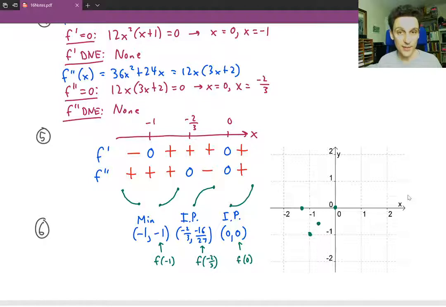Now we're going to piece together all of the little bits of the graph. On the first interval from negative infinity to negative 1, the graph is decreasing and concave up. So from negative infinity to this point at negative 1, we're going to cross through this point and get down to this point, which is our local min. The graph is going to be decreasing and concave up, like part of a cup, so it's going to be fairly steep.